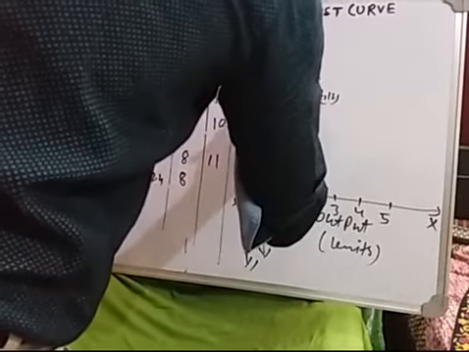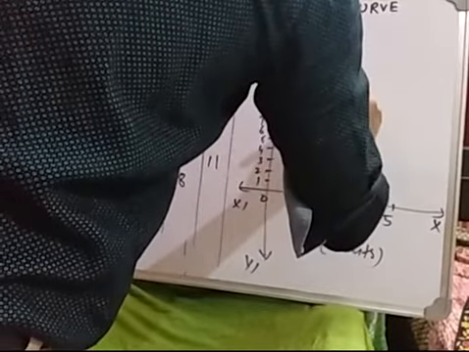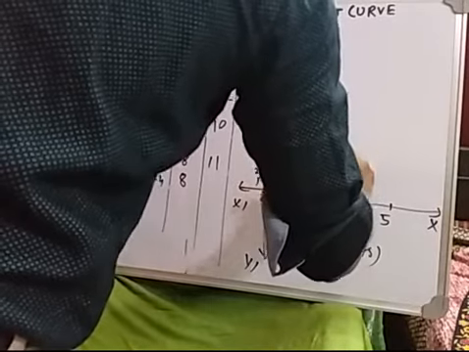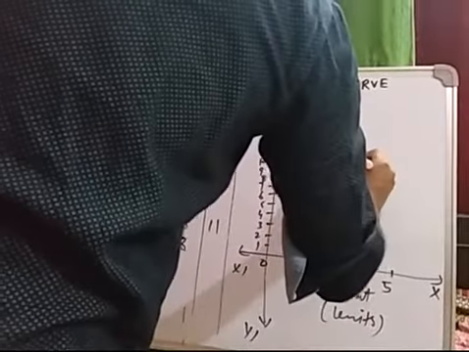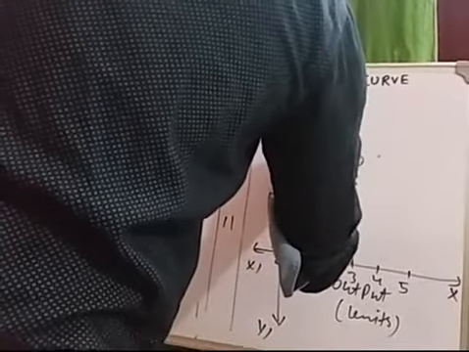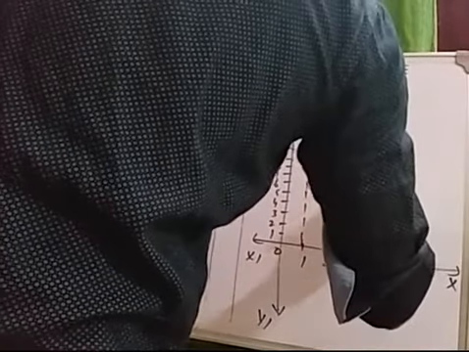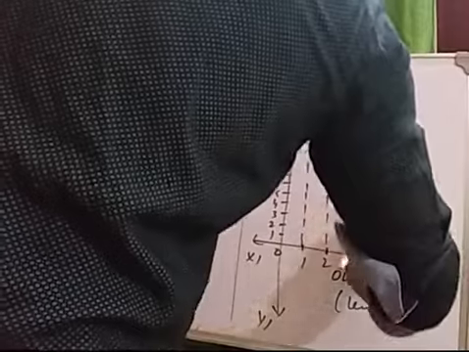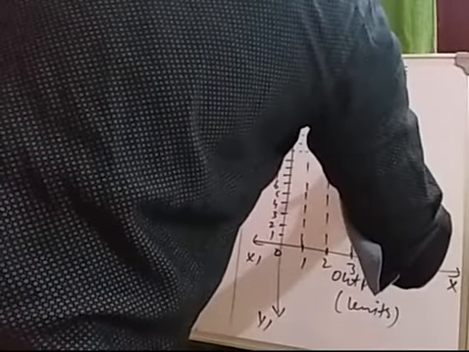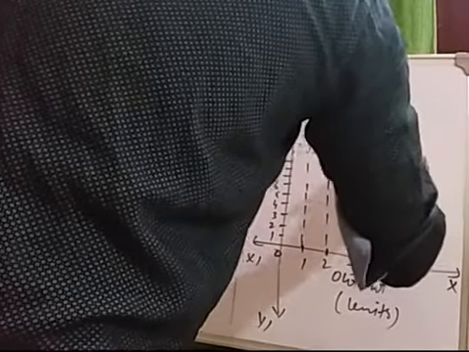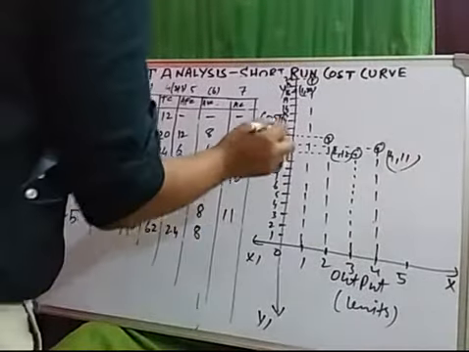Then 4 comma 11. In this way I can get the AC curve.